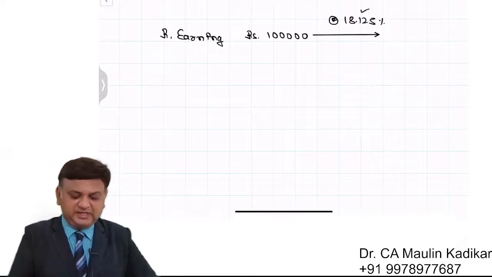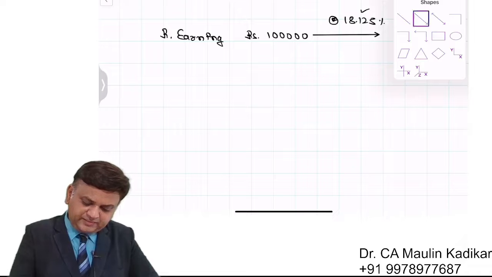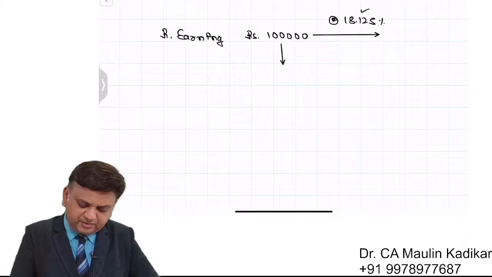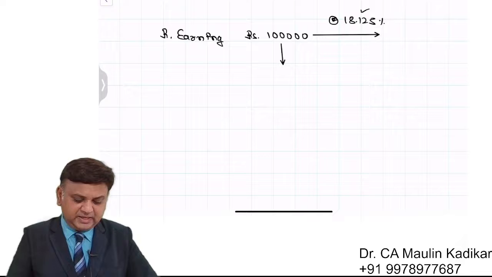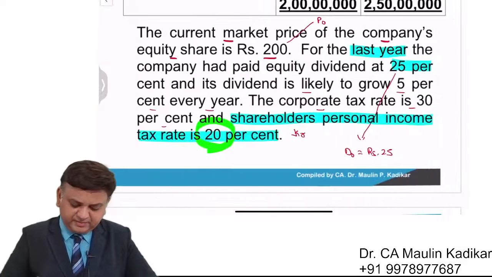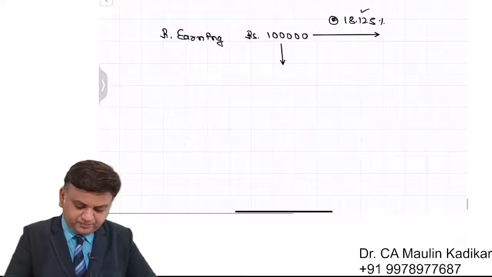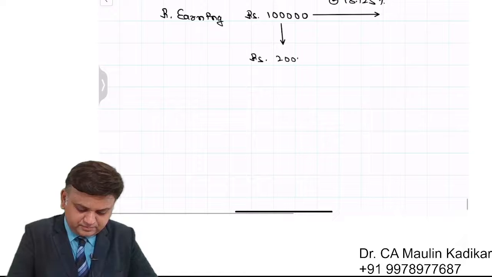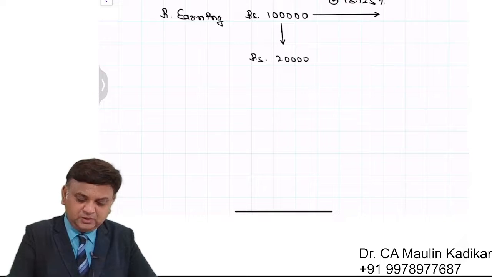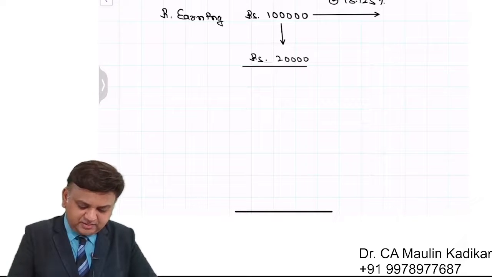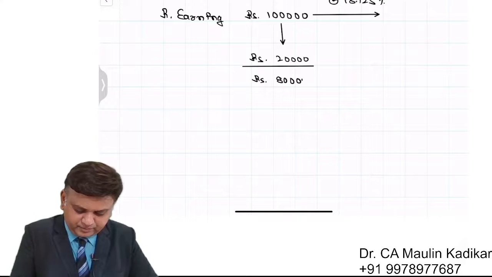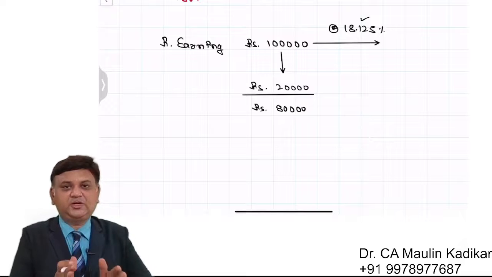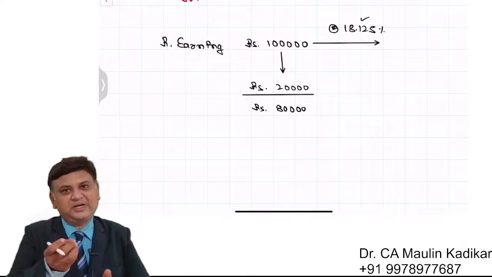Company tells the investor like this: if at all we pay this amount to you in form of dividend, then you are required to make payment of tax at the rate of 20%. So you have to pay tax of rupees 20,000. So basically you would have in your pocket an amount of rupees 80,000, that you can invest somewhere.